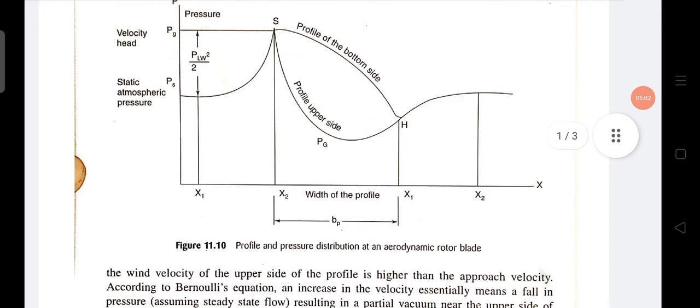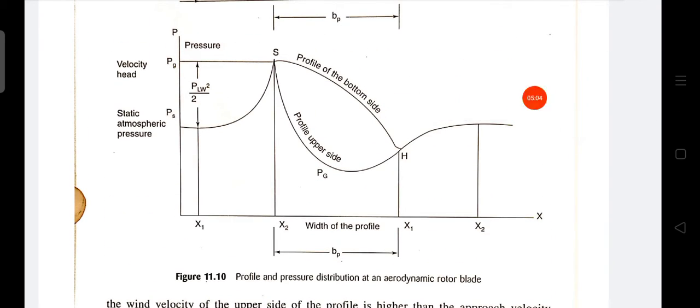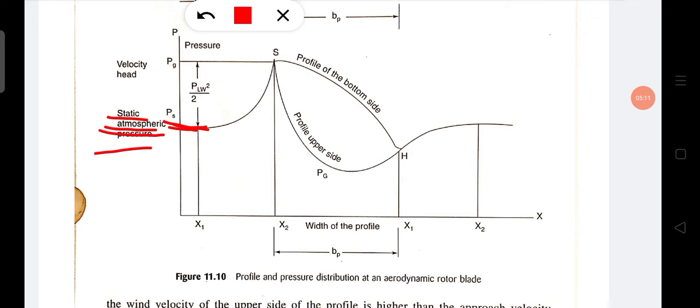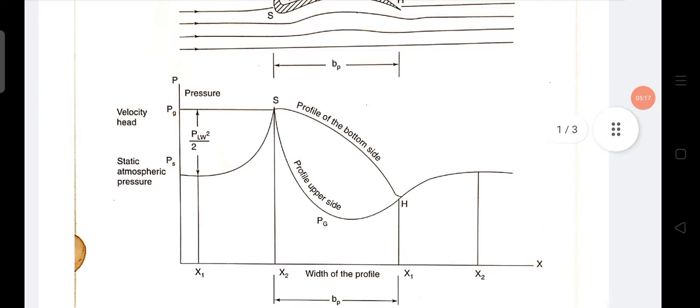Now you see here, this is PS. PS means static atmospheric pressure. This is constant.